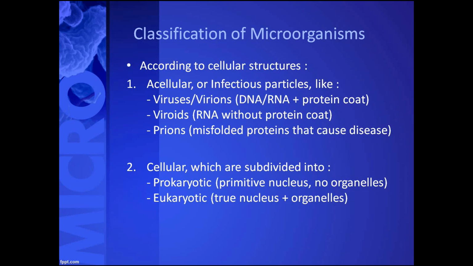Another difference between prokaryotic and eukaryotic: eukaryotic have membrane-bound organelles. For example, they have mitochondria, endoplasmic reticulum, Golgi apparatus, etc. While prokaryotic microorganisms, most of them don't have organelles, with the exception of cyanobacteria.